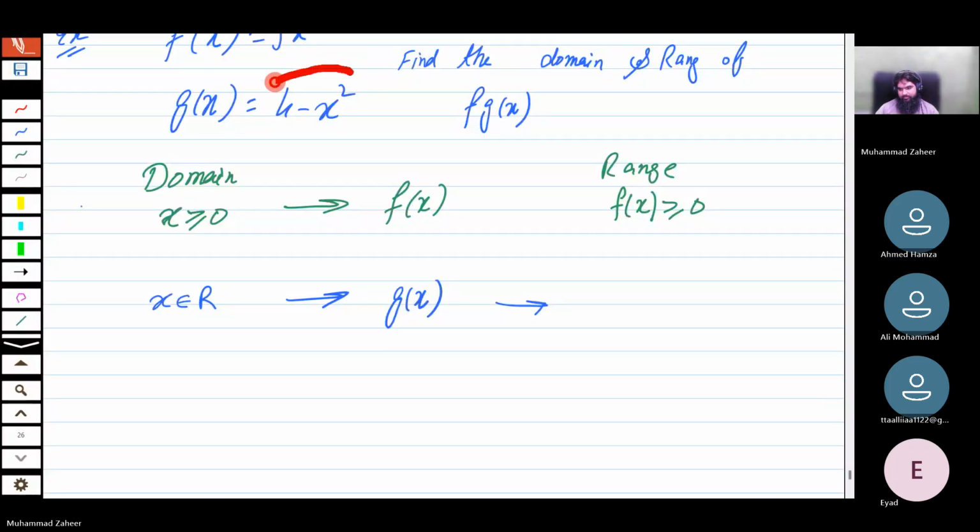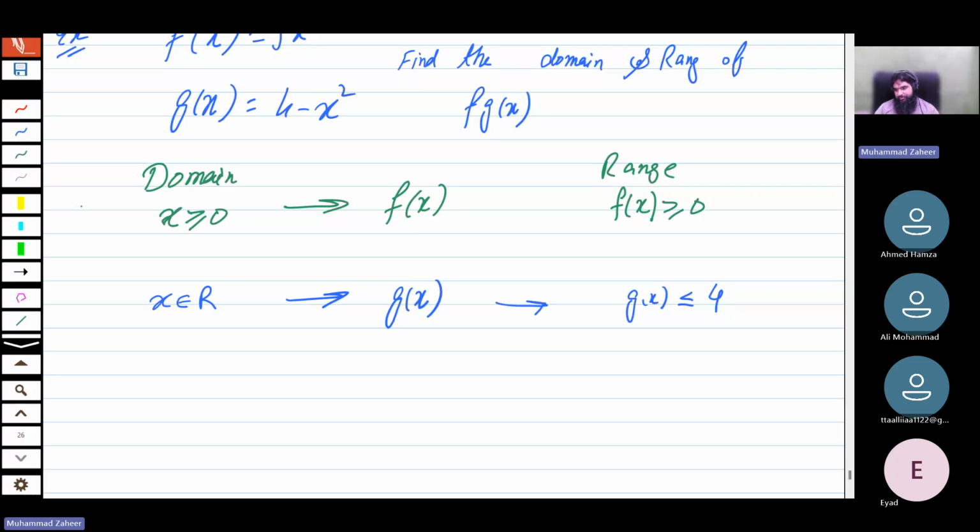No, not all real numbers. g of x is less than or equal to 4.